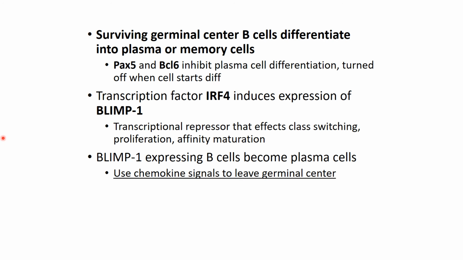So the cells will go through, do the class switching, and then here comes BLIMP1 as a big shutoff. So now they're stuck. Whatever class they switch to is now the one that as a plasma cell they will be stuck at.